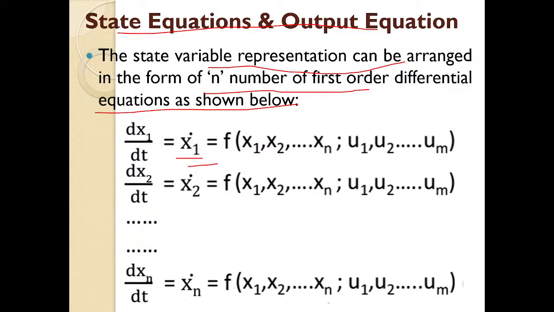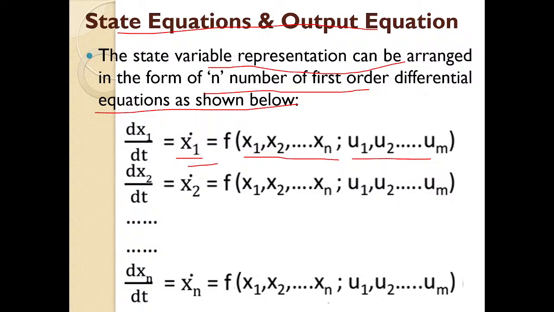It will be a function of the set of state variables, varying from 1 to n, and the input variables, u1 to un. The first order differential equation of each state variable will be a function of the set of all the state variables and the set of all the input variables.